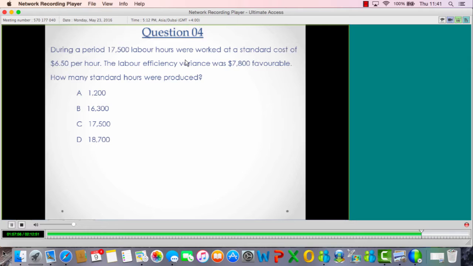Yes, you should add 17,500 plus 1,200. Because I have a favorable variance, that means my standard should be more than the actual. My actual is 17,500 and my standard should be more than that, so it should be 18,700.